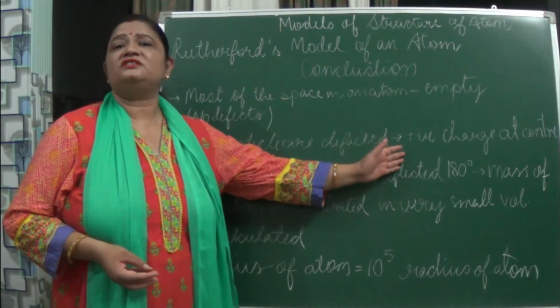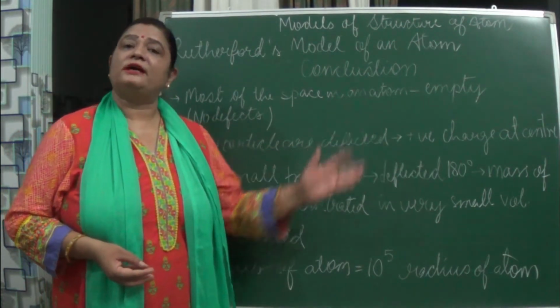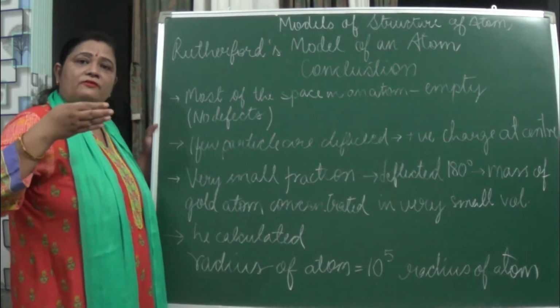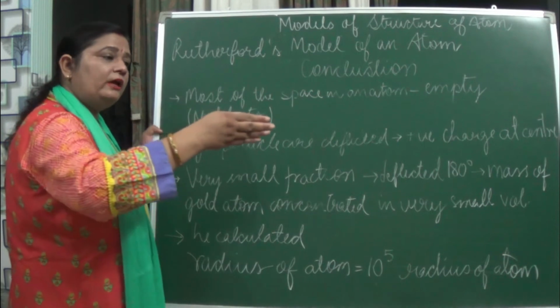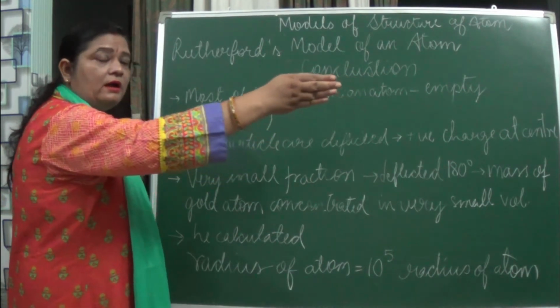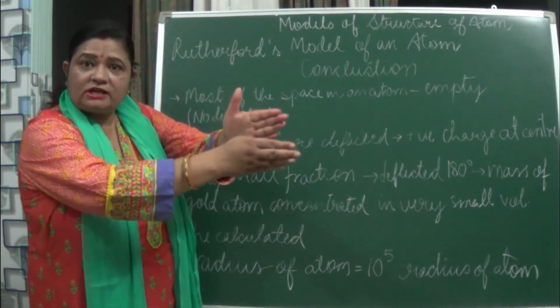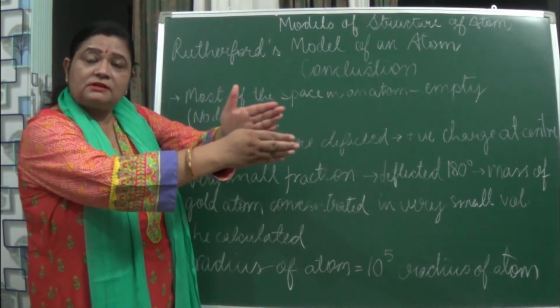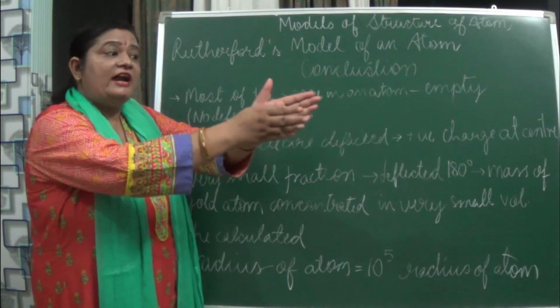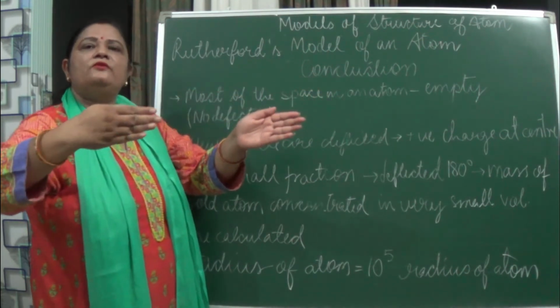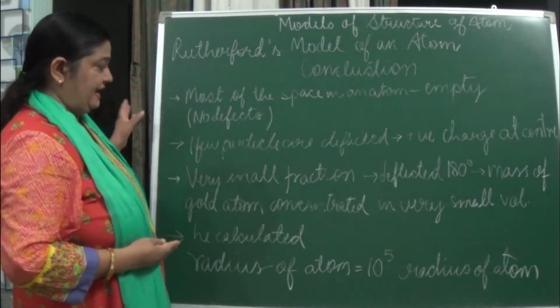So he said that yes, a few particles are deflected. Why? Because positively charged particles are present in the center. And if the alpha particles are moving nearby, naturally there will be an effect of the positive charge, because alpha particles are also positively charged, and naturally if it is going near to it, it will be deflected by small angles.